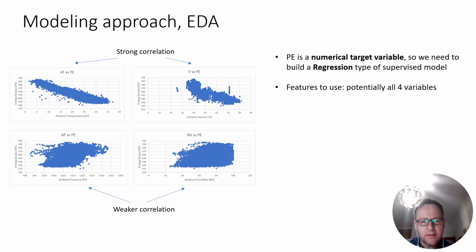The other 2, the AP and the RH variable, also show some correlations, but slightly weaker ones and positive ones. So these may come in handy, and then we can check our model, but it will be reflected at the end.